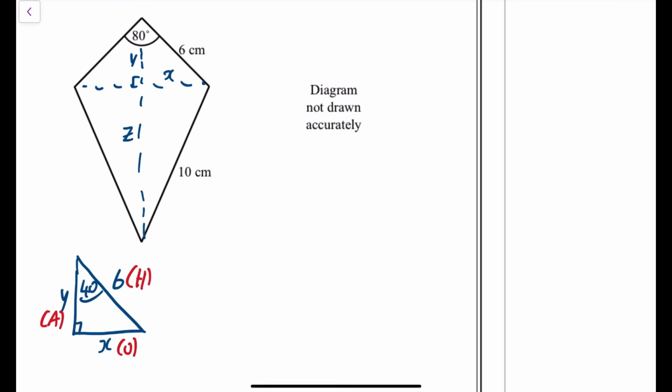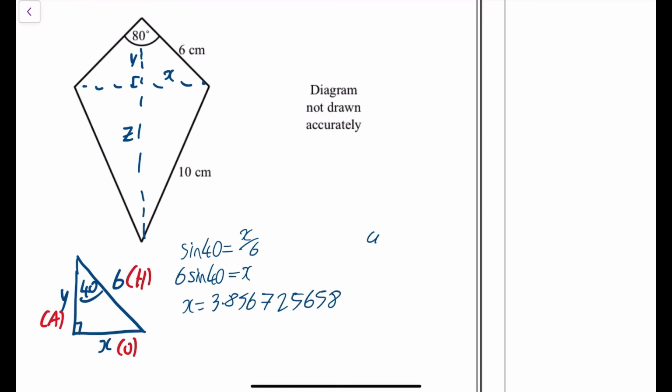So I'm just going to say that sine of 40 is equal to x over 6, which means 6 sine 40 is equal to x, and I'm going to give my x to a whole pile of decimal places. So I'm going to say it's 3.8567, and I'm copying their mark scheme. They've actually used the whole number given on the calculator, so I will just do the same.